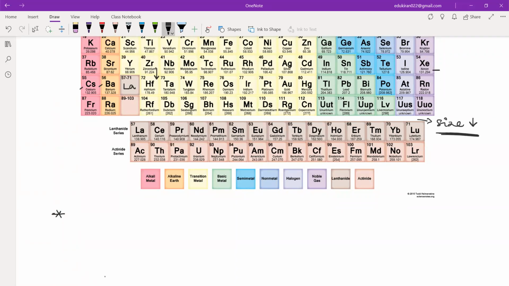So what I'm writing here is the effect of lanthanide contraction.